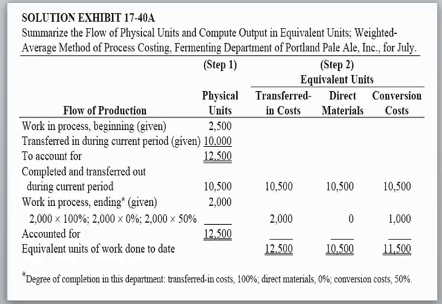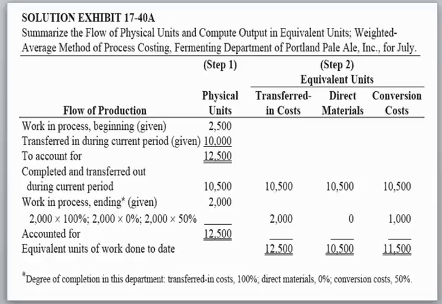Physical units, work in process beginning 2,500, it's given, and transferred in during current period 10,000, given, so the two account for units 12,500. And for the completed and transferred out during current period, the physical units 10,500 and it will be 100%, so transferred in cost 10,500 and direct material 10,500 and conversion cost 10,500.